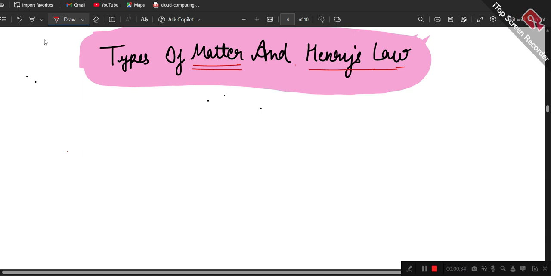So before starting, for the people who are new here, we are studying for the EMRS, KVS, NVS, Tier 2 examination, and it is focused upon the TGT science syllabus.